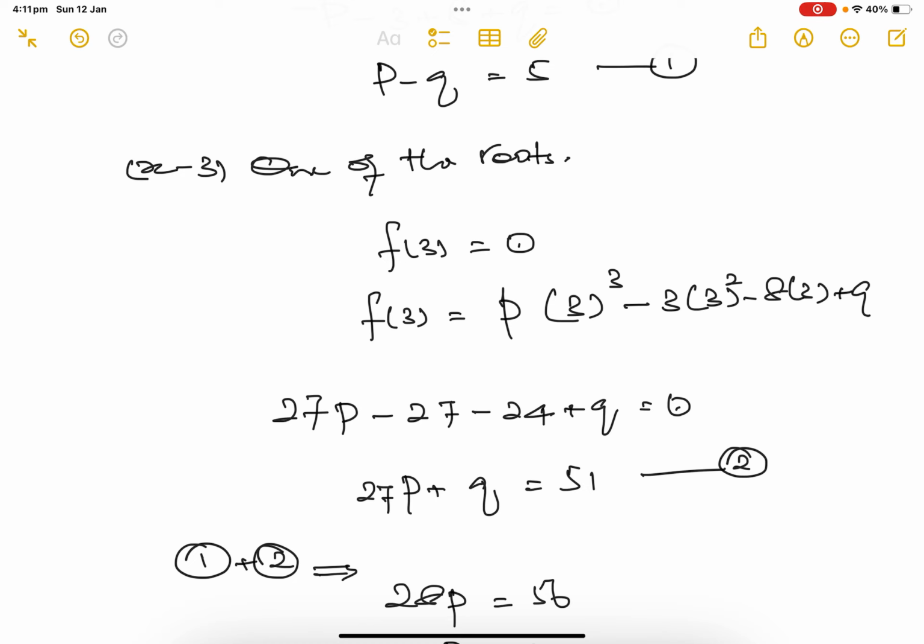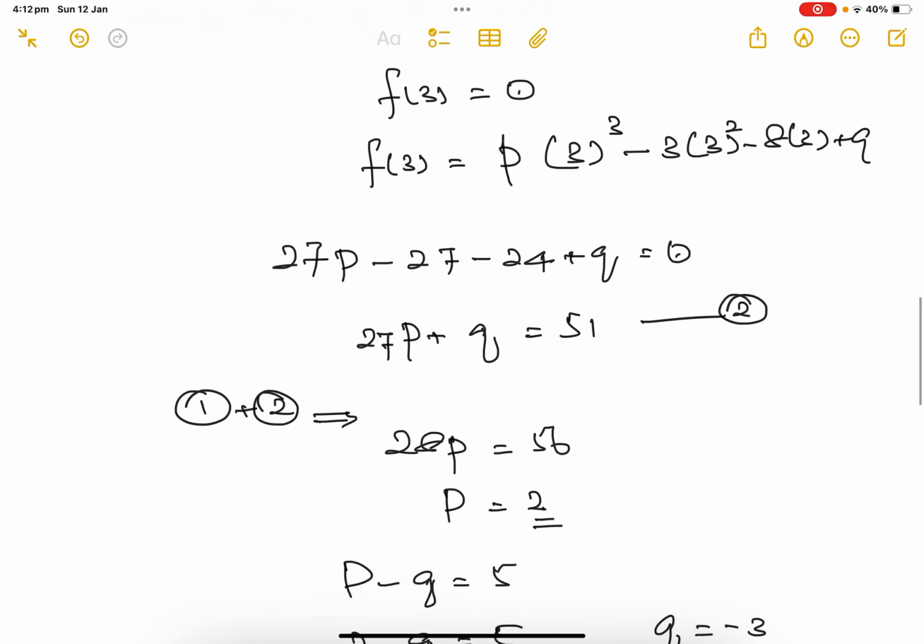So f(3) is already 0, and I'm writing the right hand side to the left hand side. 3 cubed is 27, so 27p. 3 squared is 9, 9 times 3 is 27, so minus 27. 8 times 3 is minus 24, plus q equals 0. If we rearrange and simplify it, 27p plus q equals 51, as the second equation.